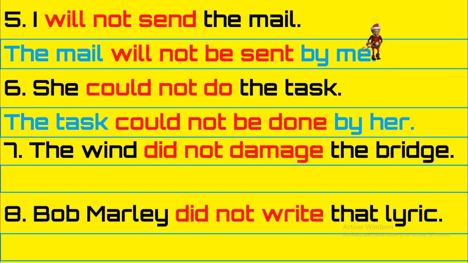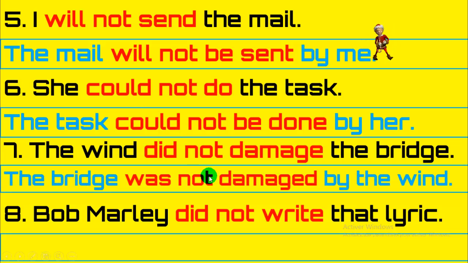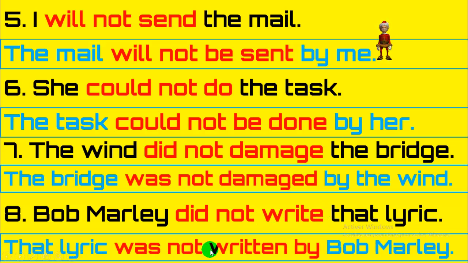Here you have: the bridge was not damaged by the wind. Bob Marley did not write that lyric. Write, negative form, in the past. To be, negative form, in the past, was not written by Bob Marley. That lyric was not written by Bob Marley.